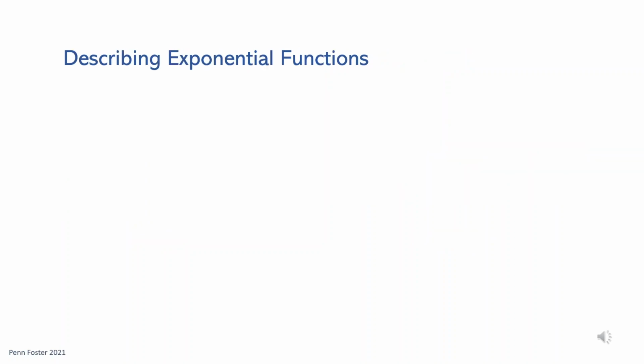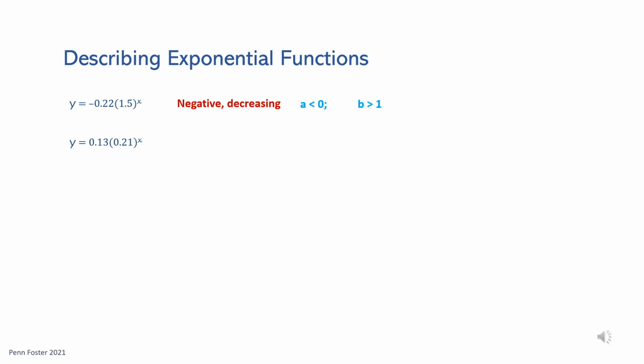Let's try to describe the trend of the following functions without utilizing their graphs. The first function has a negative a, so it should appear below the x-axis. However, the function is decreasing since b is greater than 1 and a is negative. Next, this function is obviously positive.